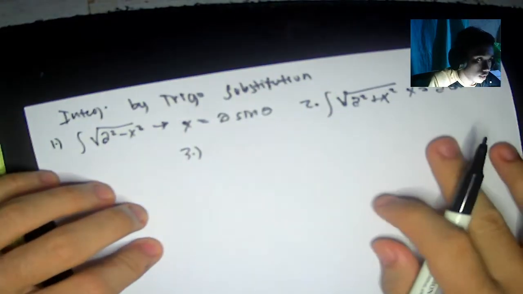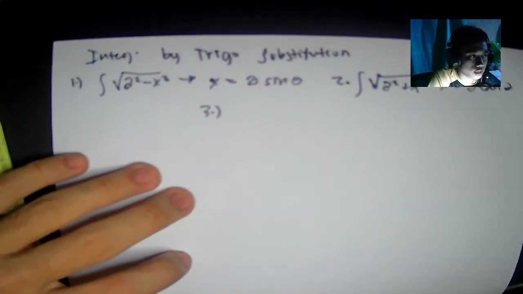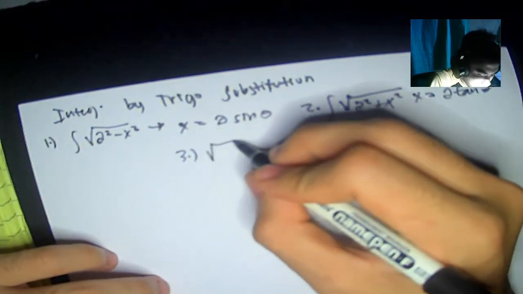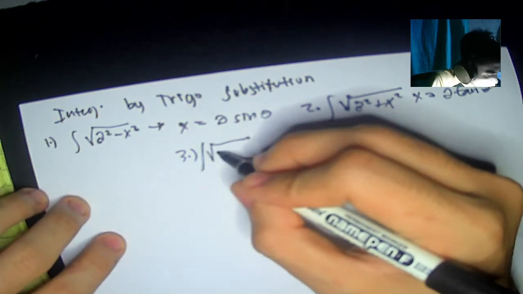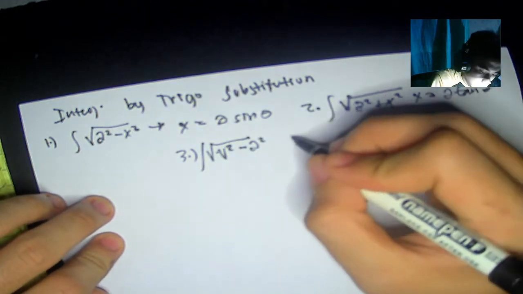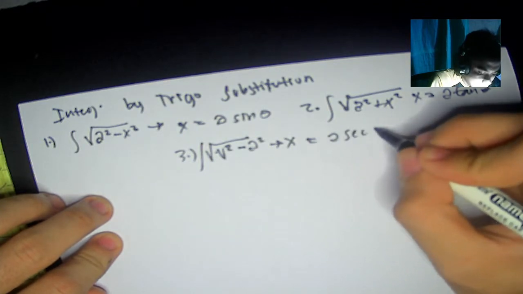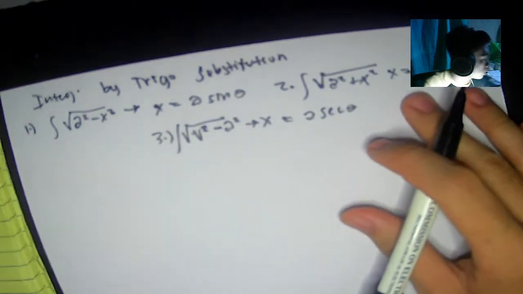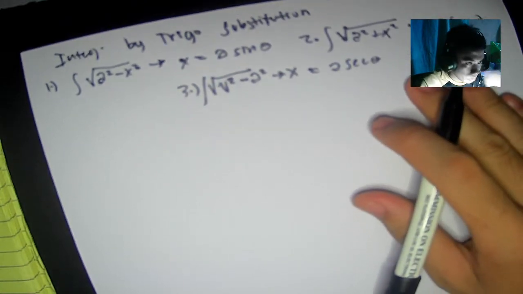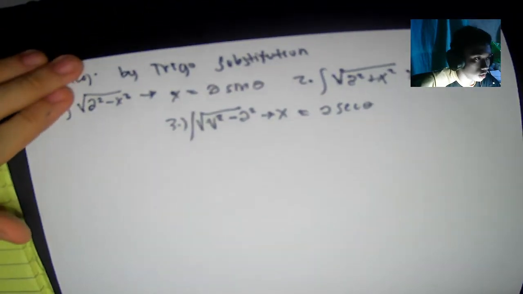Number 3, when you have square root of x squared minus a squared, x should be x equals a secant theta. So that's our basic rules, our basis in integration by trigo substitution.